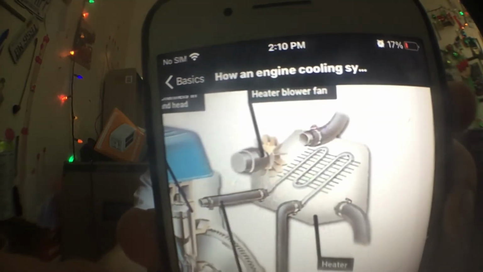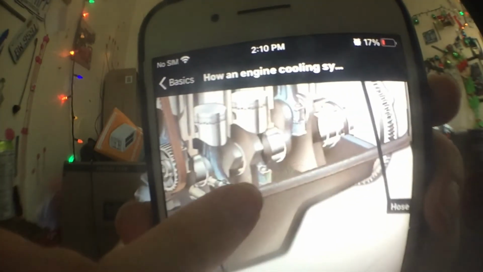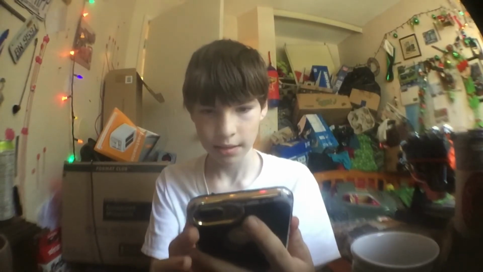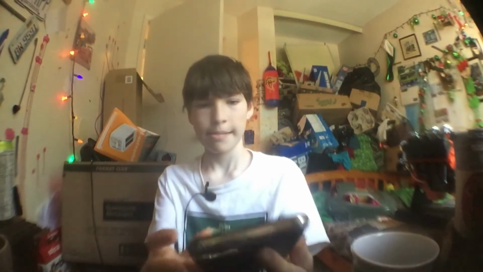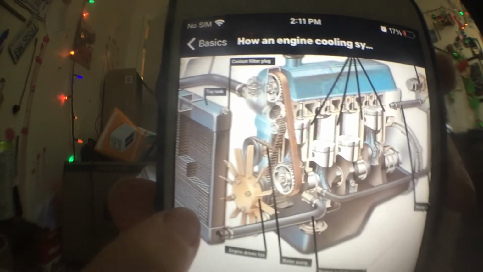It goes back down over here and back into the engine, and then it constantly does that. So then it goes a little bit and then comes back through this into the radiator.